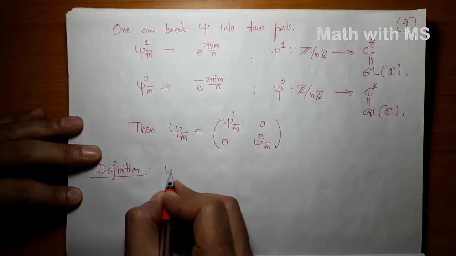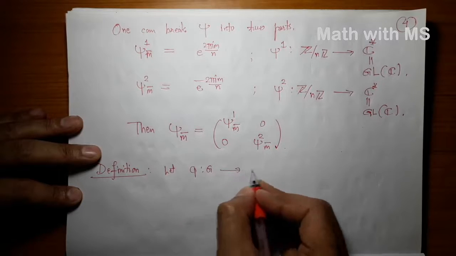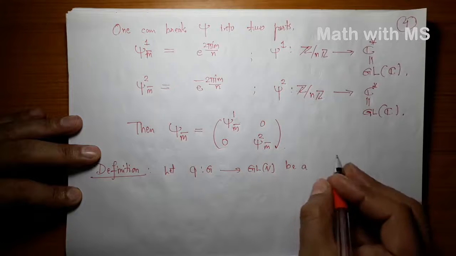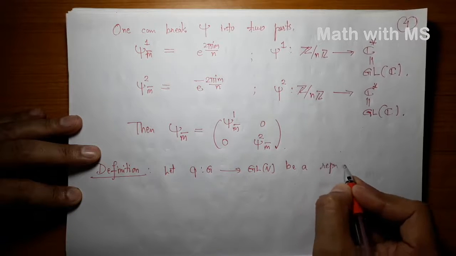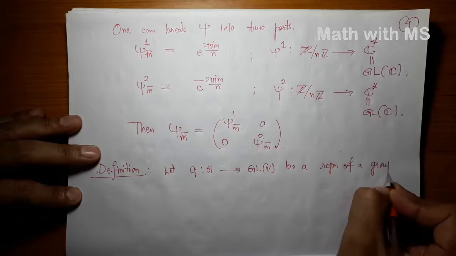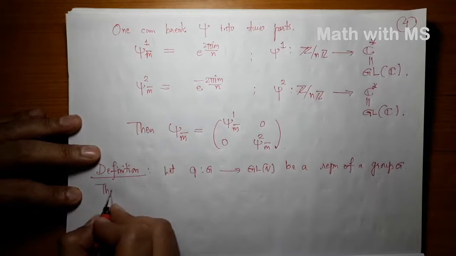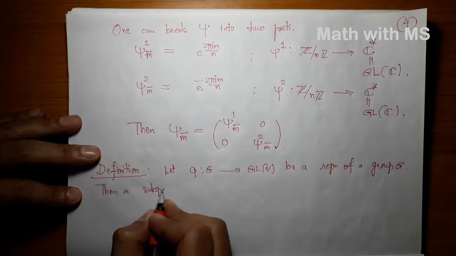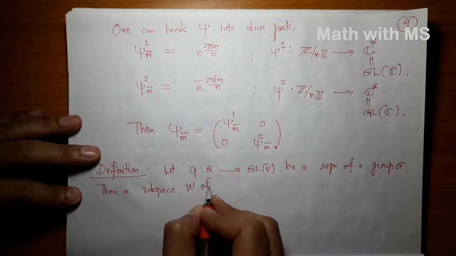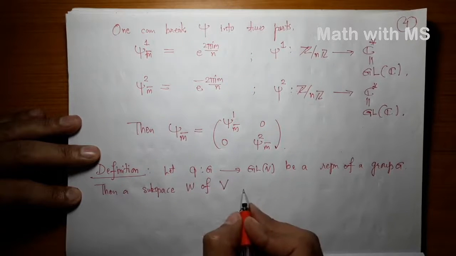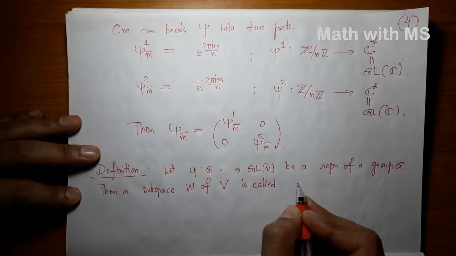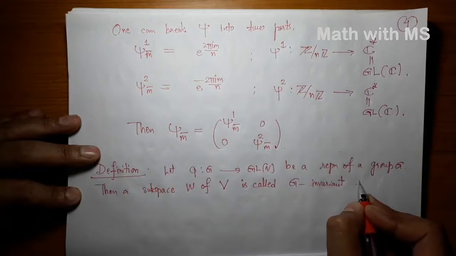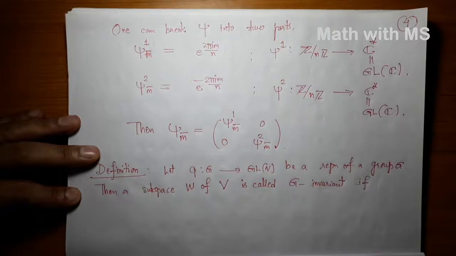Let phi from G to GL(V) be a representation of a group G. Then a subspace W of this vector space V is called G-invariant if it is invariant under the action of the group G.